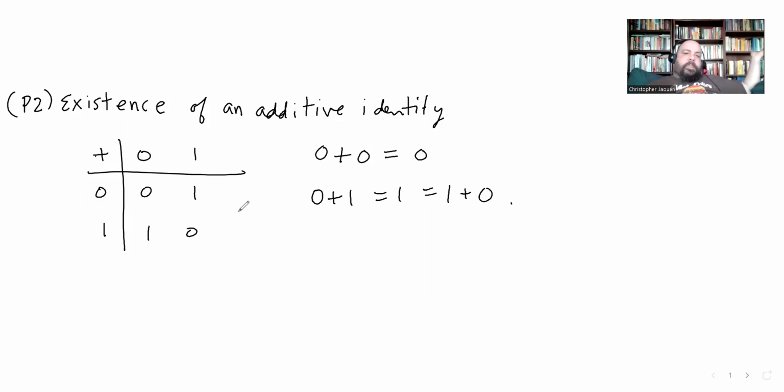Okay, and actually same thing, you can tell right from the table that there are additive inverses as well. That's P3, additive inverses, so I'll just do that right now. So P3, existence.